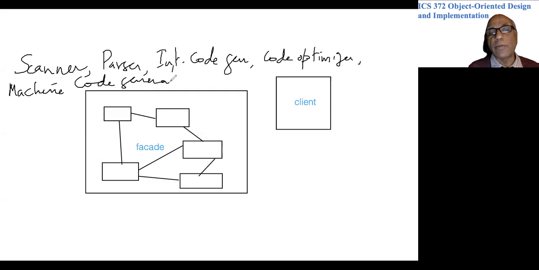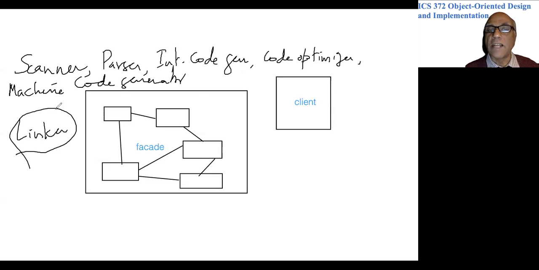And in some languages, there might even be something called a linker. But usually that is also part of the language system when you purchase it. These are definitely there in all compilers, although you don't have to have a code optimizer, but this is the typical organization. So a compiler contains a number of different components.